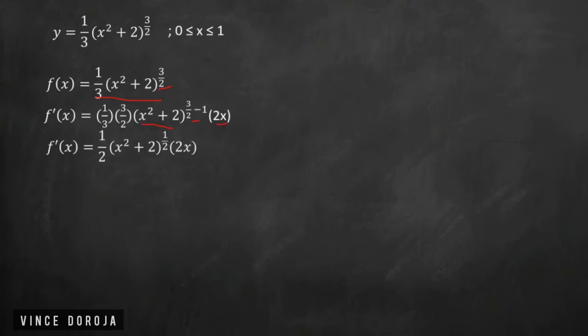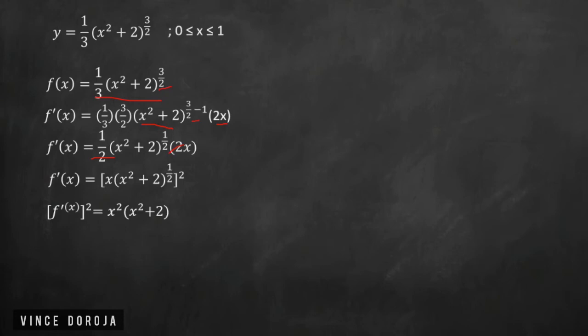Next is kung multiply na natin, magiging 1/2 quantity of x squared plus 2 raised to 1/2 times 2x. Next is ka-cancel natin itong 2. Matitira na yung x. While magiging x quantity of x squared plus 2 raised to 1/2 squared, dahil gagamitin natin ito mamaya sa formula.